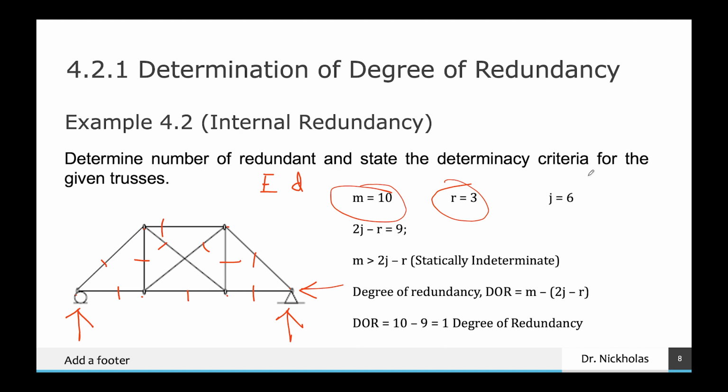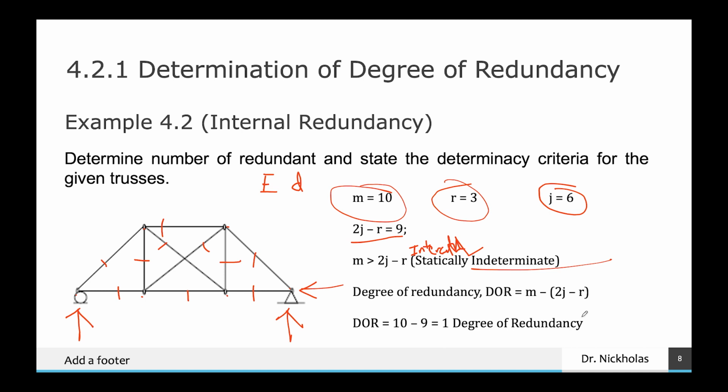And when we measure the equation, 2j minus r is equal to 9. So we have m greater than 2j minus r. So that means it's a statically internally indeterminate truss with a degree of redundancy equal to 1.